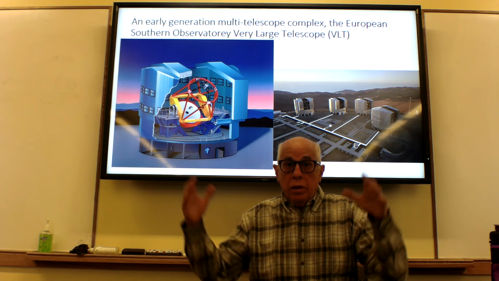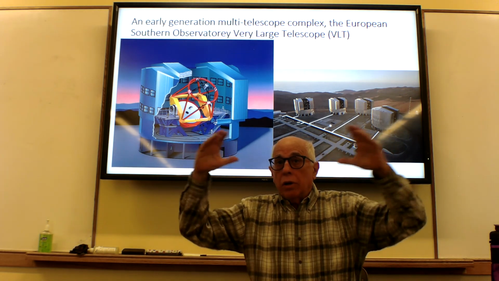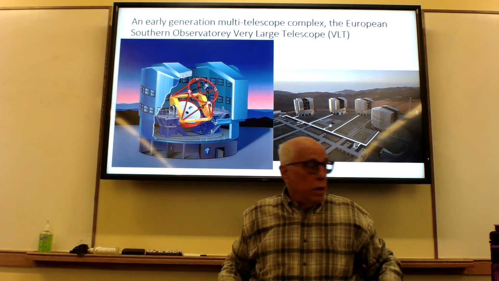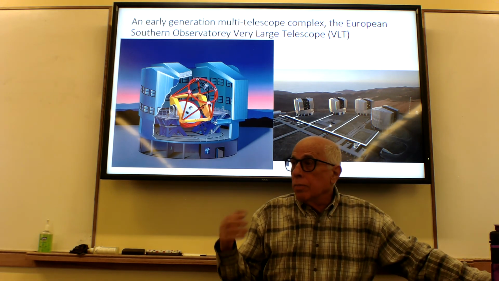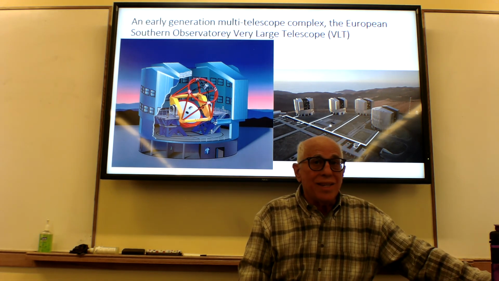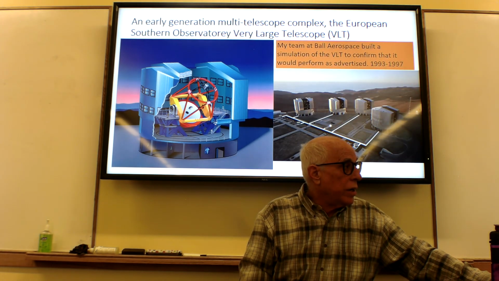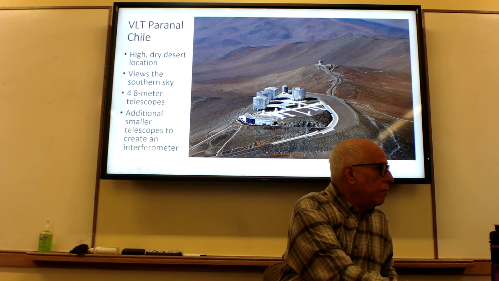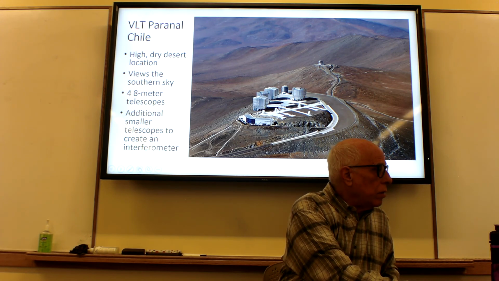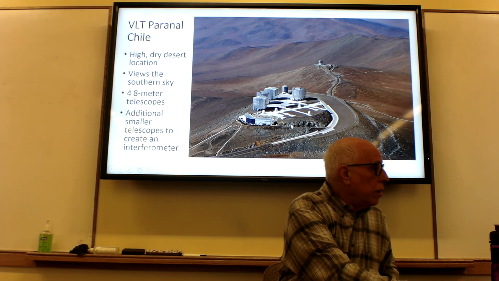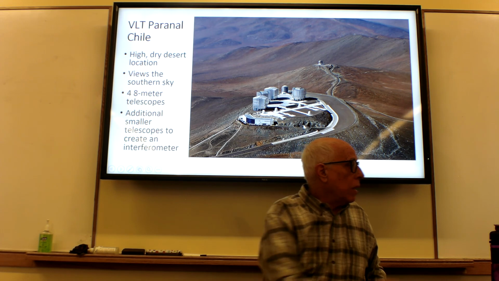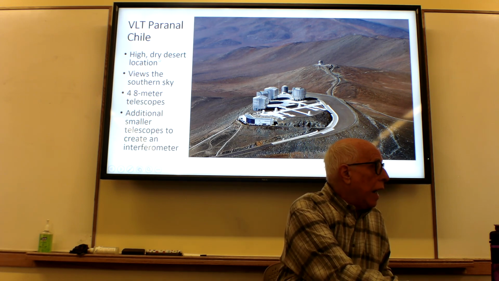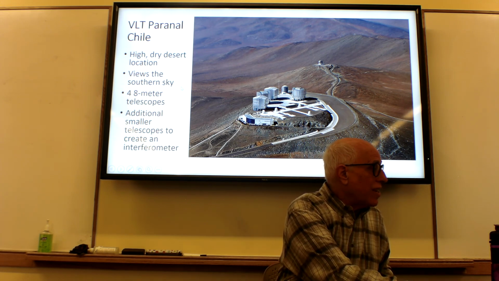Sparse meaning it's not one big piece of glass. There are a lot of holes in the glass. But together, with proper processing of the data, you get the simulation of a giant telescope. Now, we've already talked, here's VLT again. Here are the 4 big telescopes, and you can see the auxiliary telescopes. This is a photograph of the summit of Paranal. Once again, high, dry view of the southern sky.